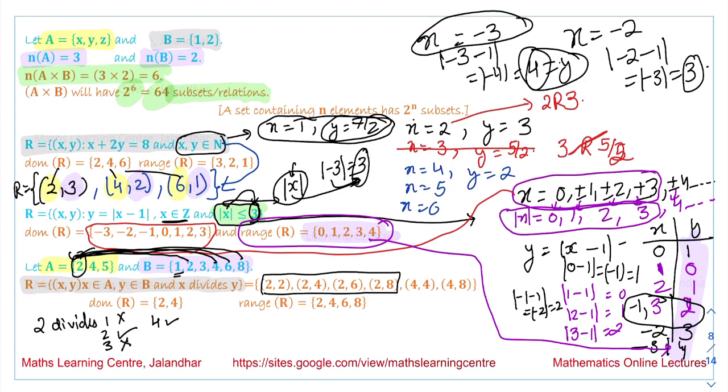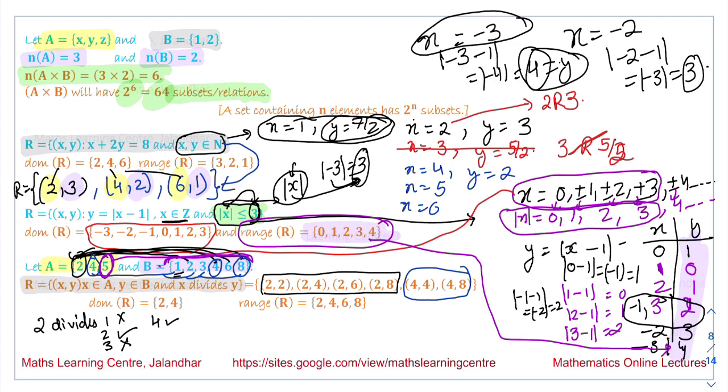Next, when we are talking about the number 4, 4 does not divide 1, it does not divide 2 or 3, it divides 4 and it divides 8. So we are saying 4 is related to two elements, 4 and 8. Next, when we are talking about the number 5, 5 does not divide any of these numbers. So we are saying 5 is missing from this list. There is no element that is related to 5.